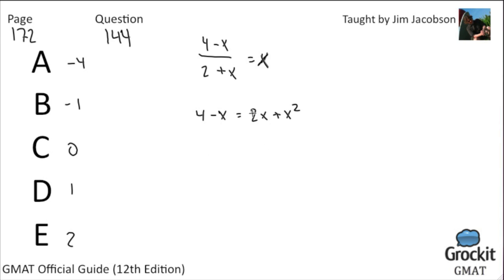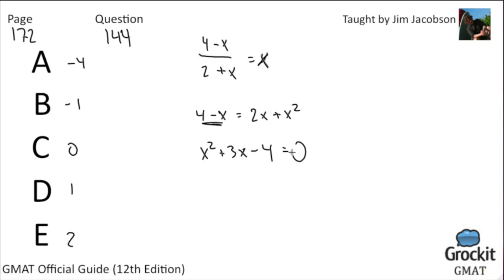So then we want to get all the x's and all the numbers on one side. So we would subtract 4 and add an x to both sides to make this over here go away. So we would have x squared because there weren't x squared terms on both sides. We had 2x here, we were going to add one more x to it. And then to get the 4 over here, we need to subtract 4 from both sides.